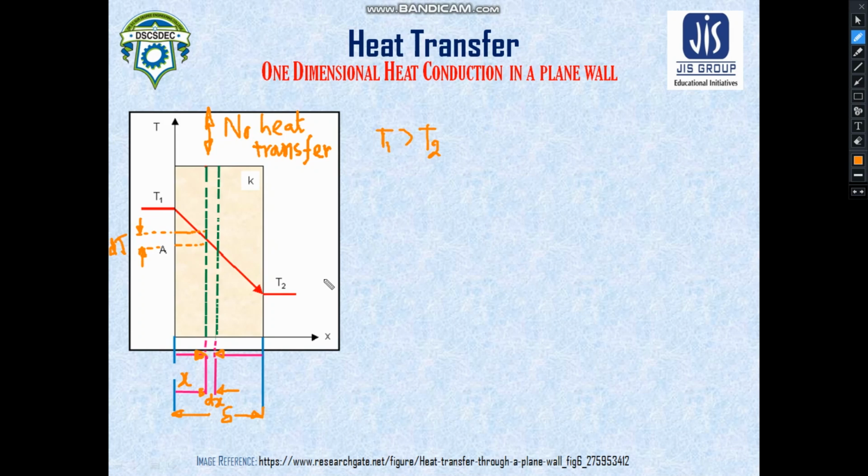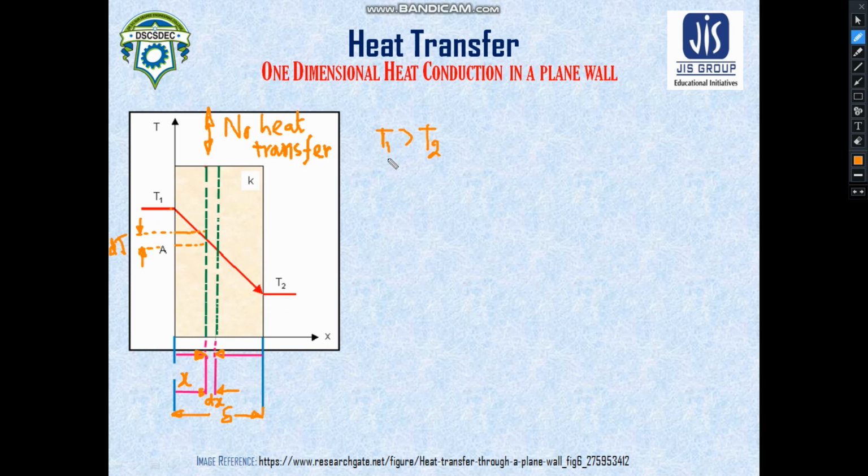So let us consider one-dimensional heat conduction case for a plane wall. So this is your plane wall, which is shaded in a light yellow color, and you can see that the boundaries of the plane wall on the left side and the right side are maintained at the constant temperatures T1 and T2.